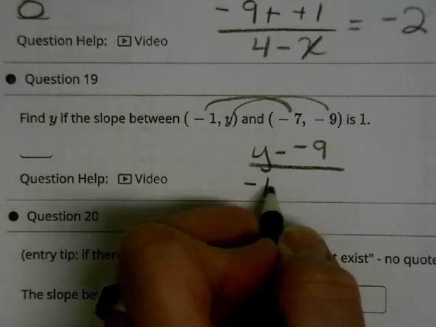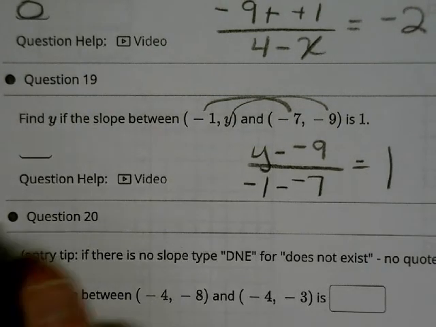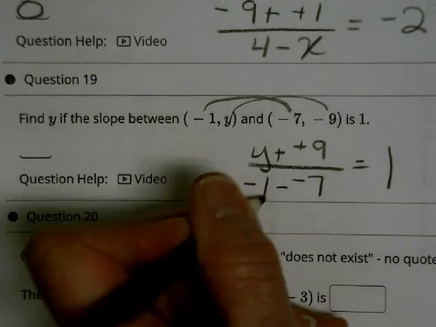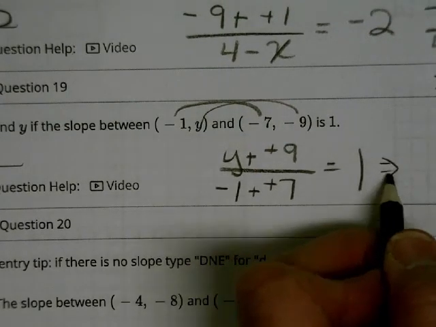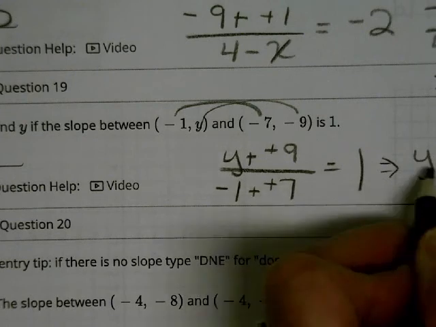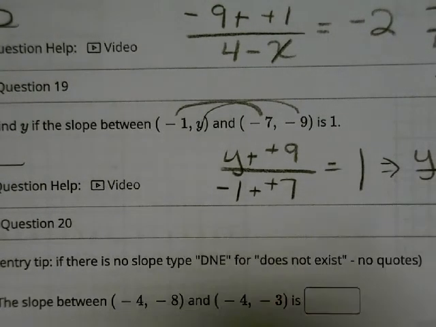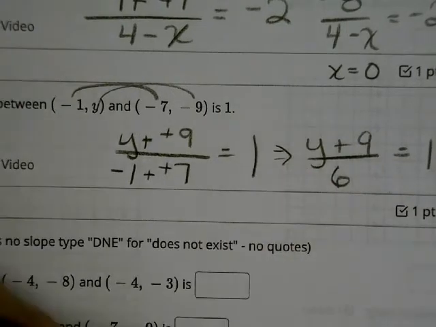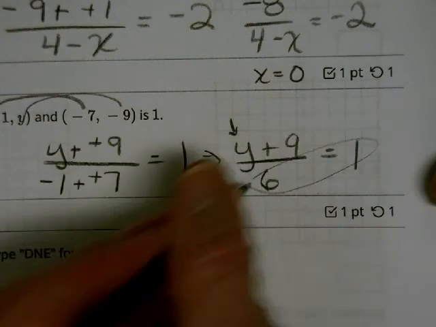So this one I need y minus a -9 over -1 minus a -7, and that's got to equal a 1. So I get y plus 9 over 6 is 1.